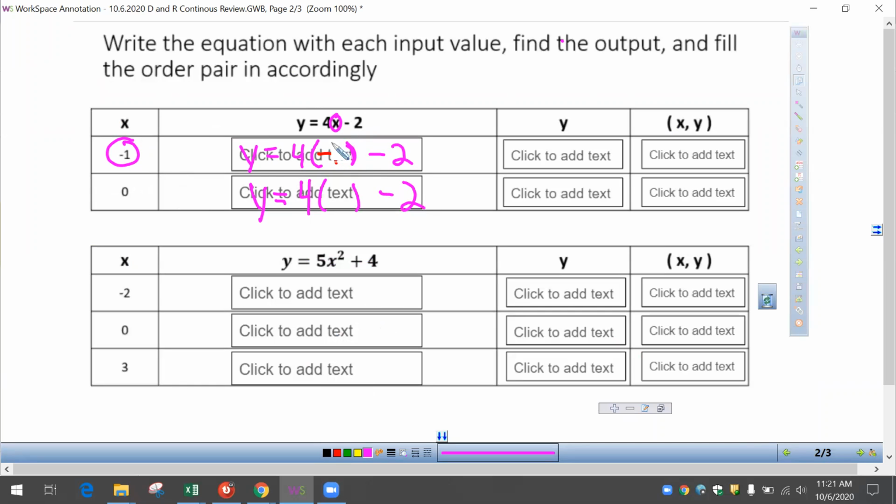Everything stays the same except the x now becomes a 0. Same way over here, you're going to type y equal to 5 squared plus 4. And then this number here will become a -2.